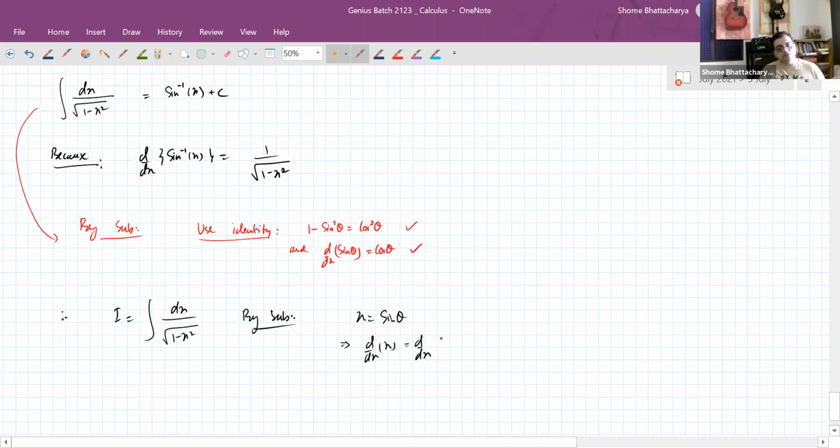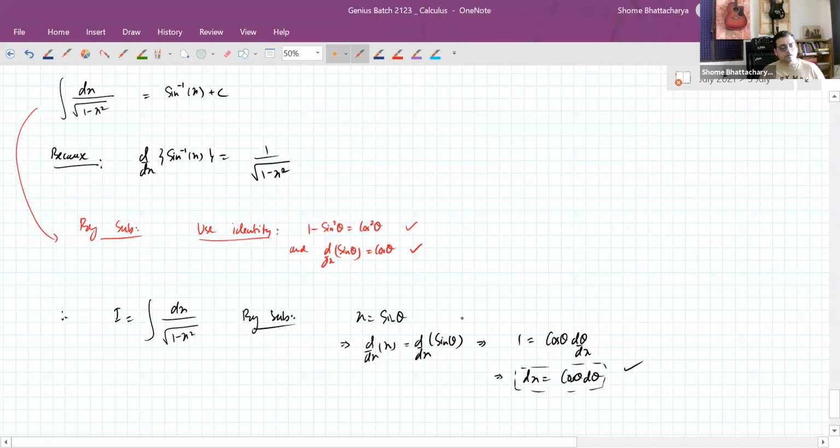When we differentiate both sides of this equation, we'll get cos theta d theta by dx is equal to 1. Or actually, I should write that in reverse order. So dx in the numerator should be substituted as cos theta d theta.